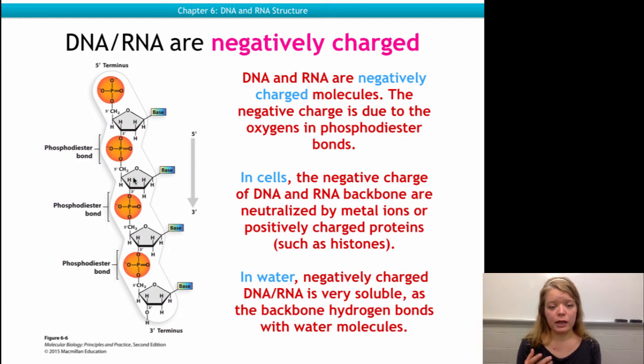In water, when the magnesium ions or the histones have been stripped, water will start forming hydrogen bonds with the phosphate backbone, creating this cloud of water molecules around DNA, and thus making DNA very, very soluble in water.